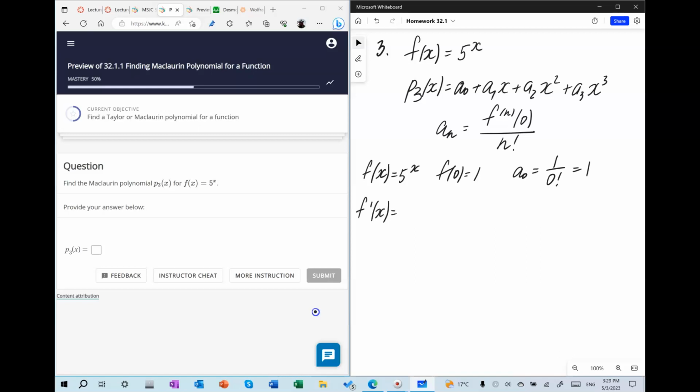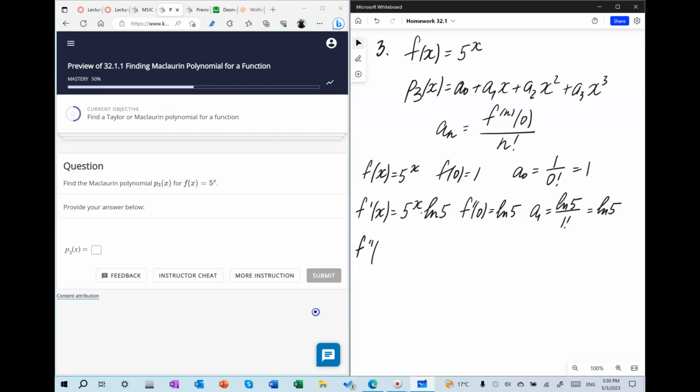Now the derivative of this is 5 to the power x times ln 5, so f prime of 0 is ln 5, so a1 will be ln 5 divided by 1 factorial, which is ln 5.